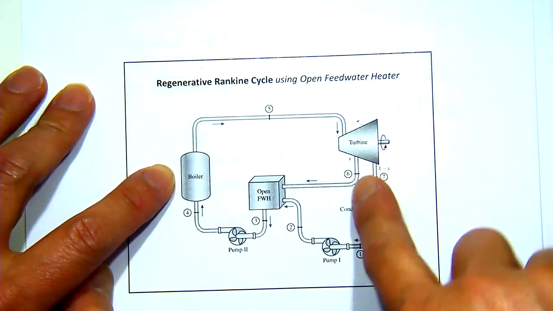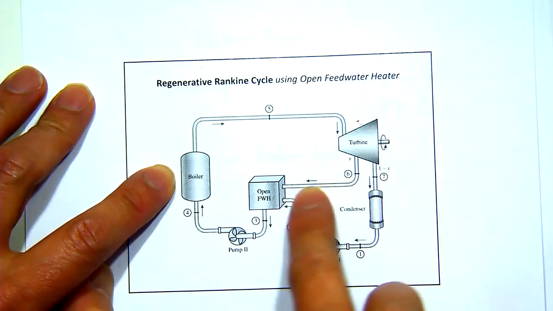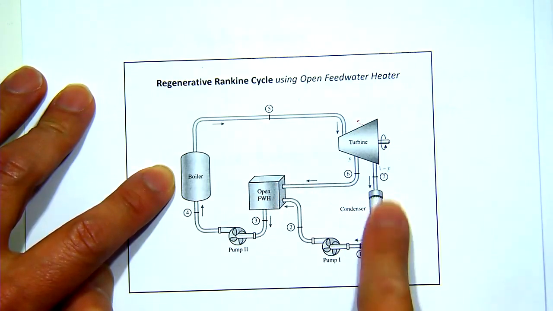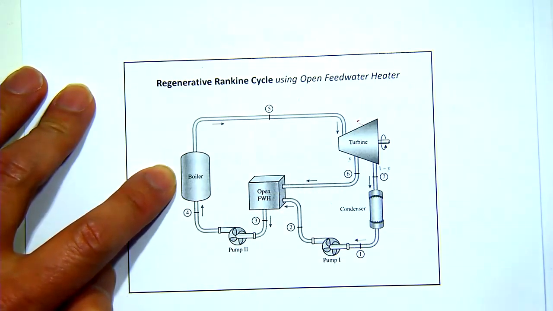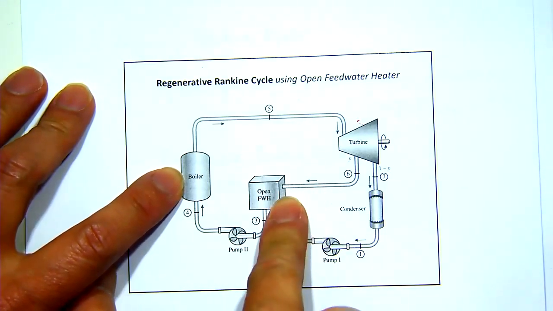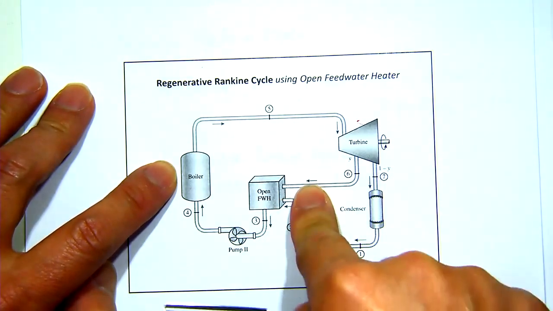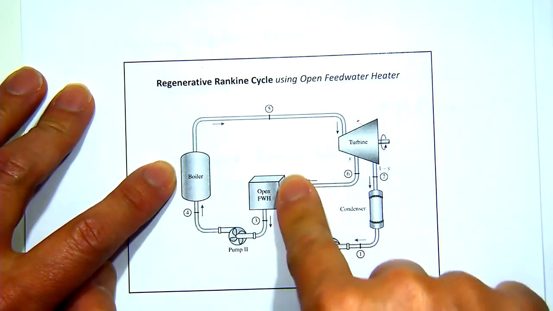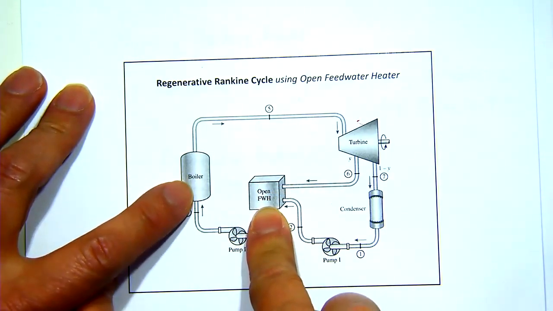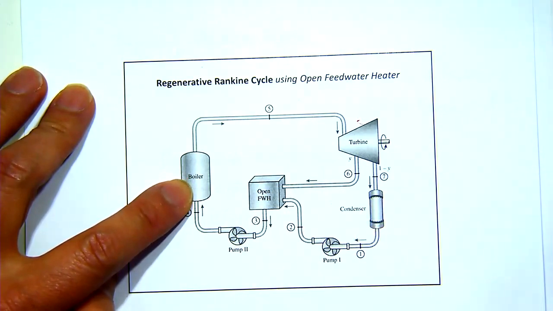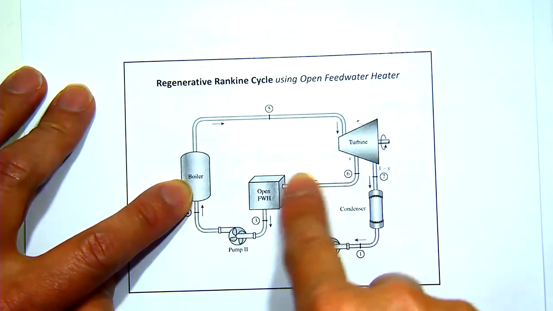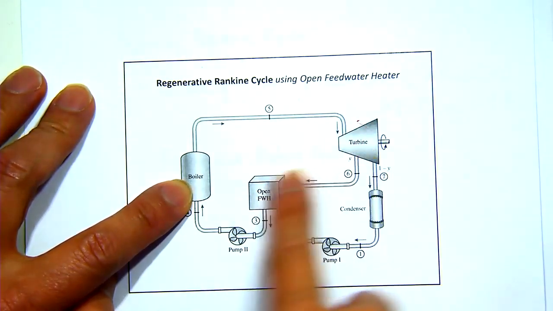If we're looking at the schematic, we went through the open one, and you have the partially expanded steam, a fraction of it, coming down here to heat the compressed water coming from the pump. So you're using a mixing chamber to achieve this process. During the mixing process, the pressure of these two streams must be the same. And this pressure is lower than the final boiler pressure. The reason for that is you partially expand the steam, which means the pressure there is lower compared to the boiler pressure.